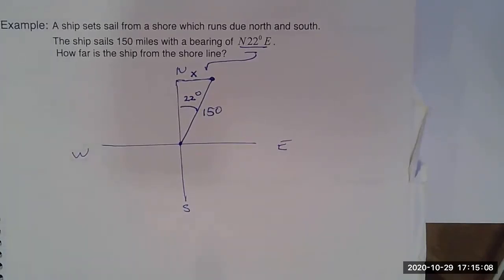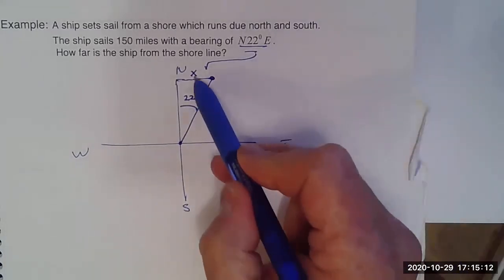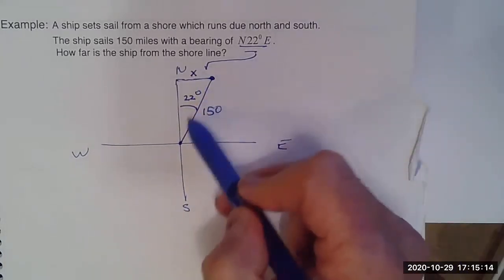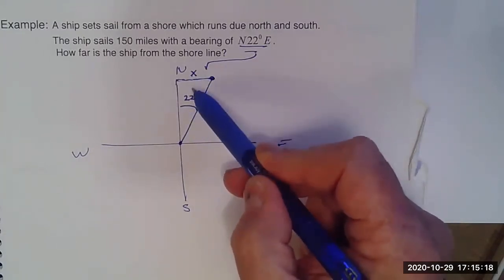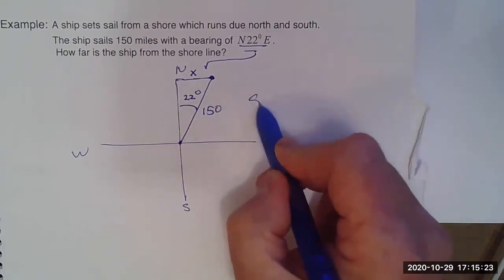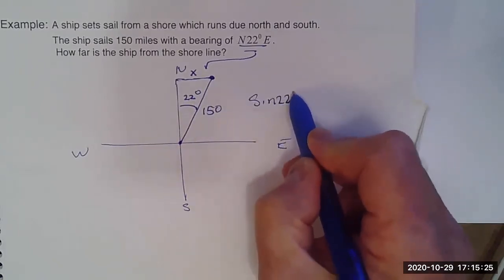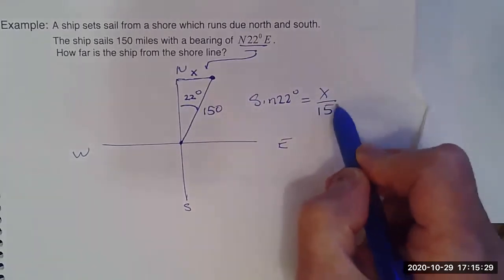Now, since you've got a right triangle, you could use the pieces that you don't know, like this side. There's a hypotenuse, and from this angle, what is that, opposite over hypotenuse, sine. You're going to use sine of 22 degrees is equal to opposite over hypotenuse.